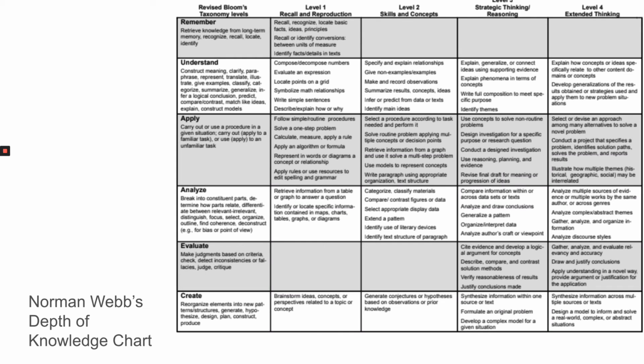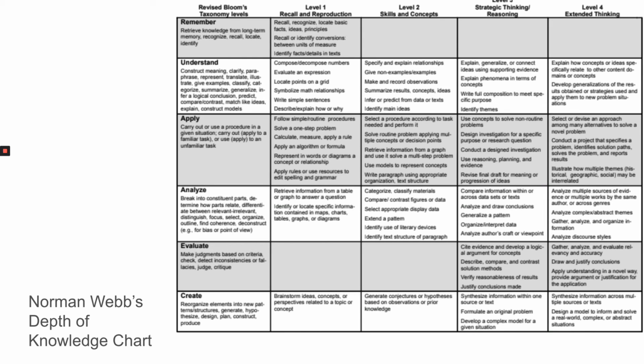And typically, although not always, we try to keep those at level 3 around strategic reasoning and strategic thinking, because by creating lessons and assessments in that category, we're typically drawing on level 1 and level 2 categories. We're asking students to recall, we're asking students to apply concepts and skills in order to produce something new.